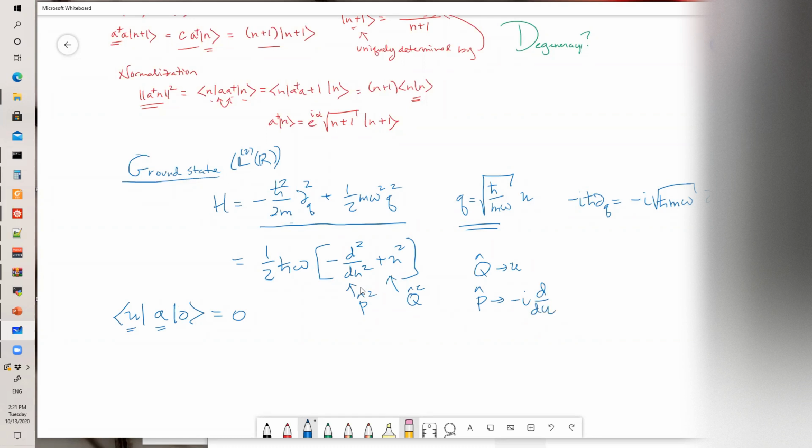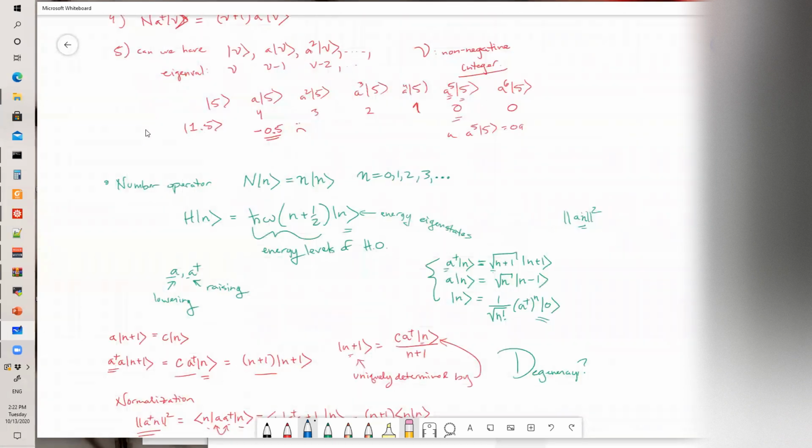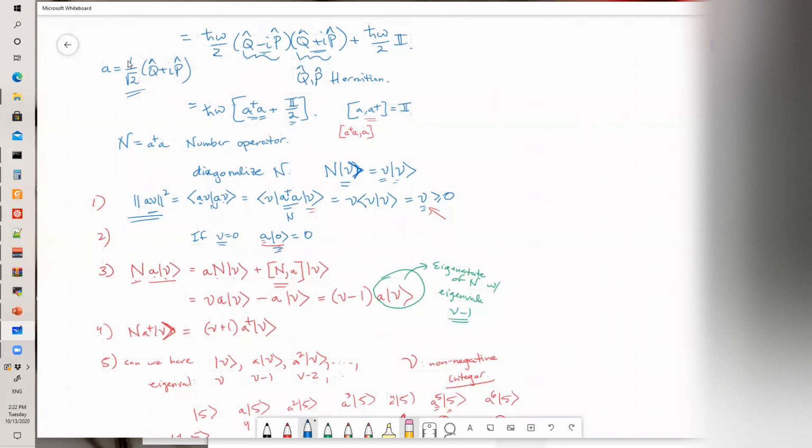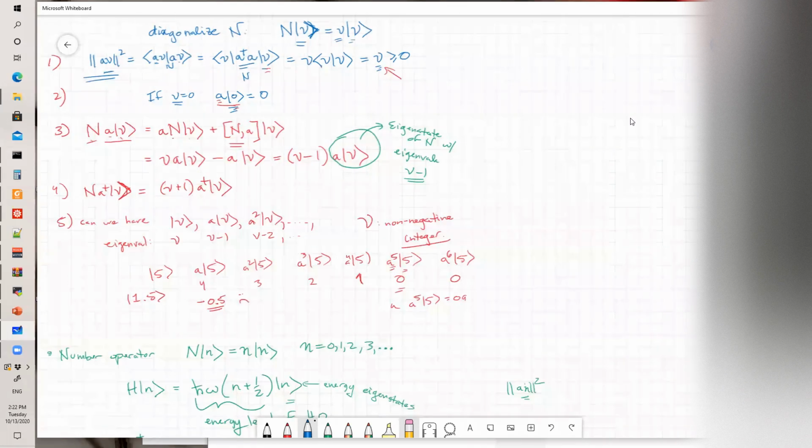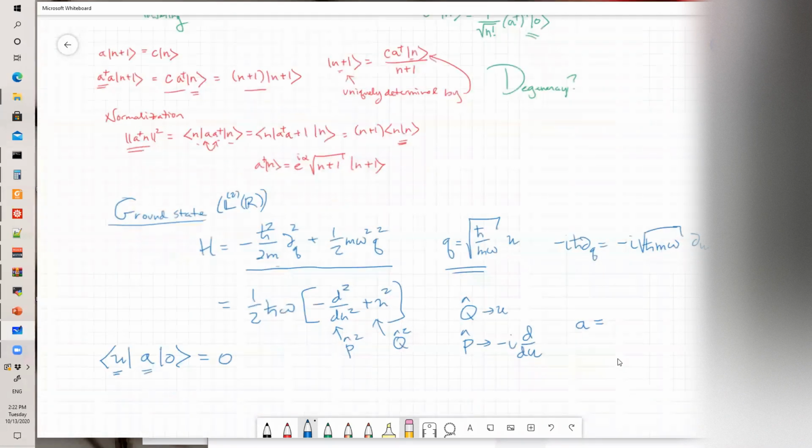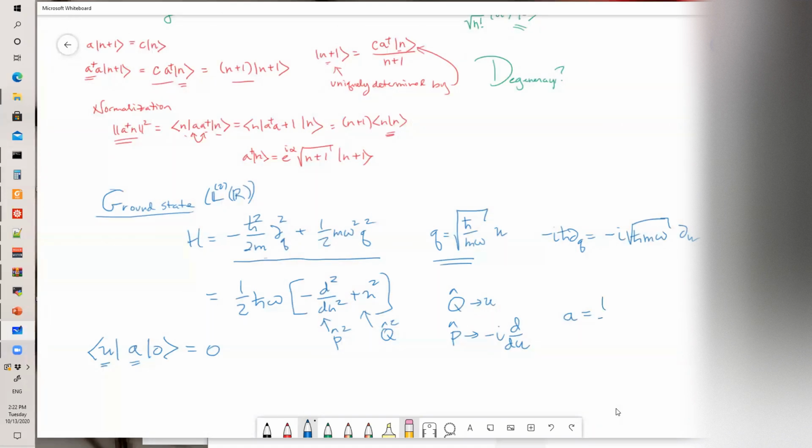And a is, let me go back up here and make sure I get the signs right. A is 1 over square root of 2 times q hat plus i p hat, right? So it's 1 over square root of 2 times u plus d du.